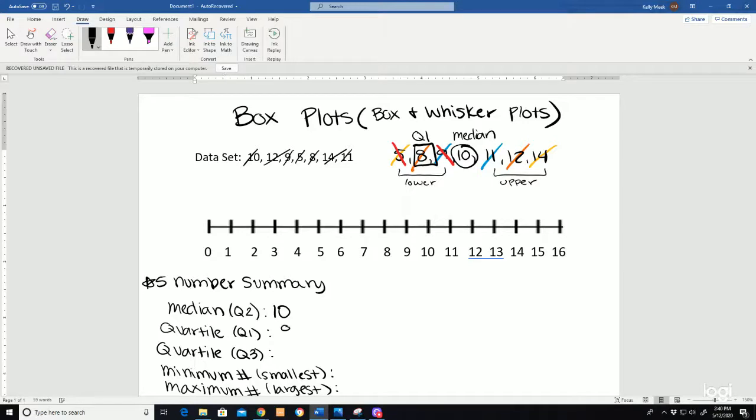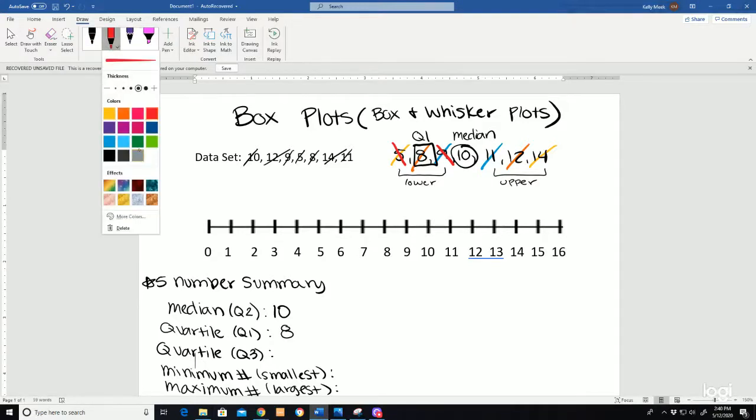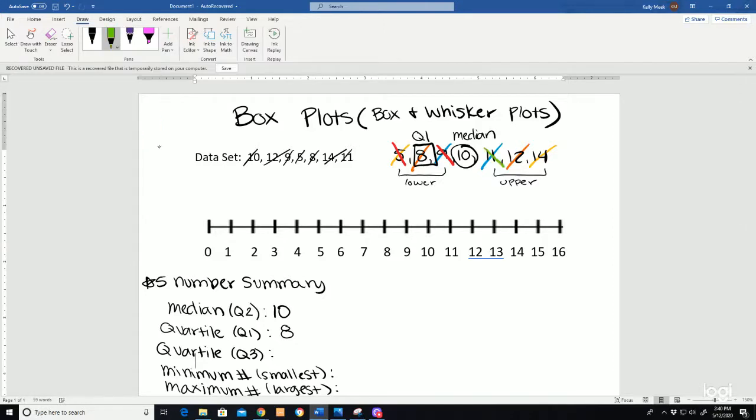So 8 is my Q1. Same thing with the other side. I'm going to get rid of my lowest and my highest number in that upper quartile, and what I'm left with, that number in the middle, is the median of the upper quartile, which will be our Q3, so 12.